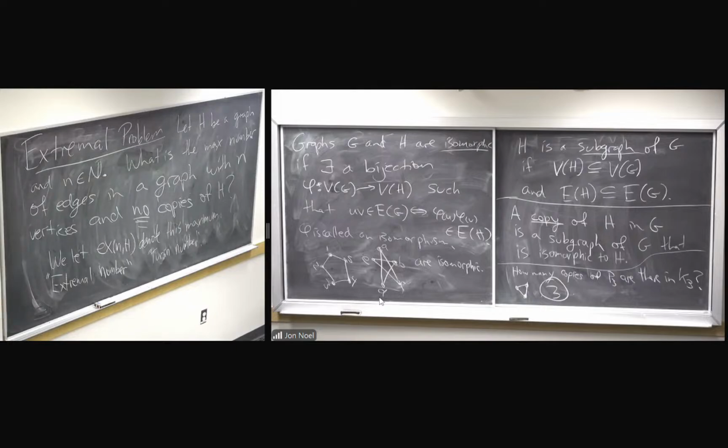None, right? So that's not worth proving. But the first non-trivial case that comes up is, what about K3? What about triangles? That's what K3 looks like. It's just a triangle. So what's the maximum number of edges in a triangle-free graph?